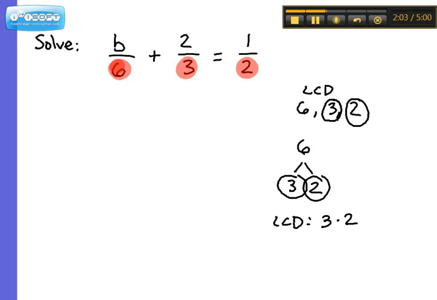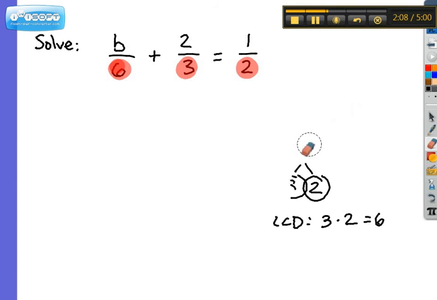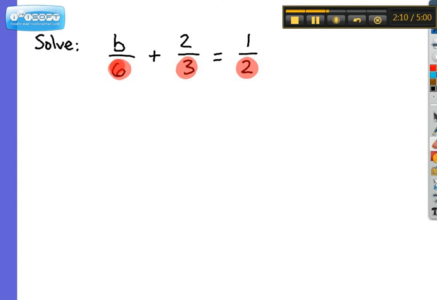Now another way that you can do this for the least common denominator between 6, 3, and 2 is you can go 6, 3, 2, and you can write out multiples until you find one that is the same for each of these.